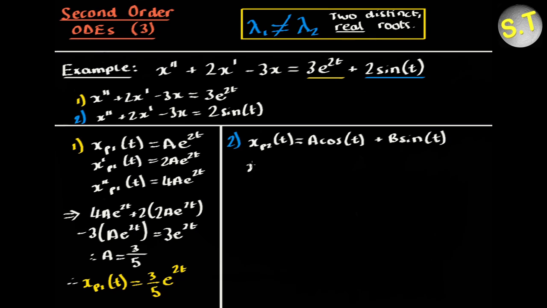So if we differentiate that once, we get, cosine differentiates to minus sine, so we have minus a times the sine of t, and sine differentiates to cosine, so we have plus b times the cosine of t.